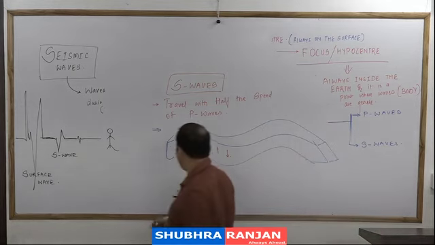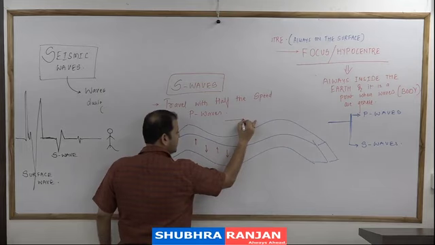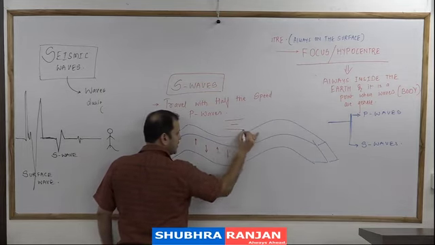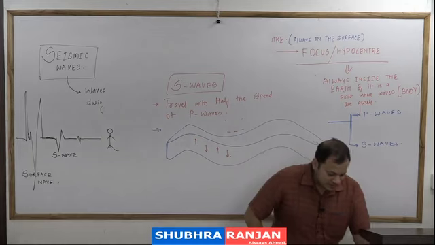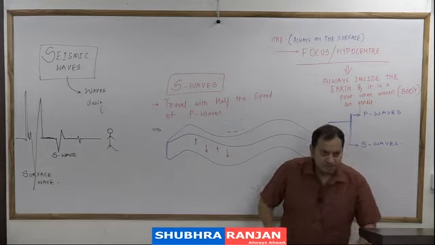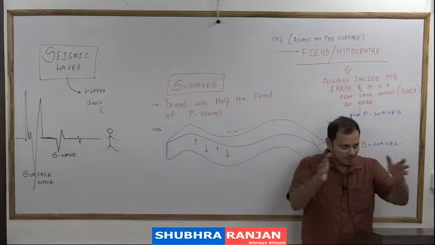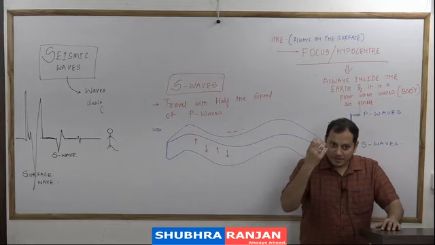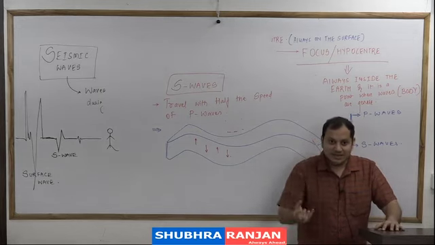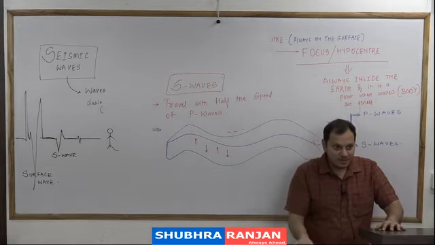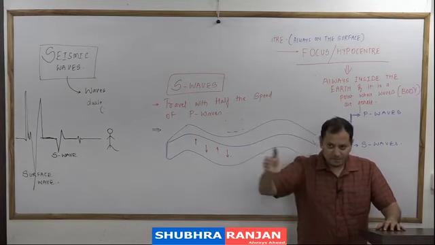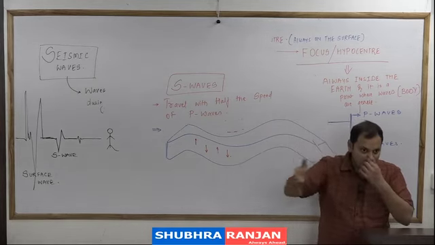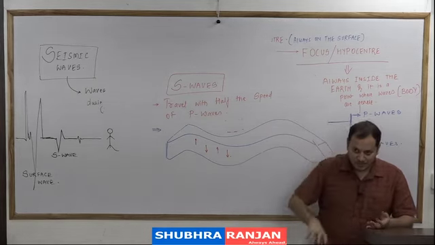In P waves, what happens? They stretch and squeeze. Here it is up and down. So you understand why, when the P wave comes, the fan shakes like this, and when the S wave comes, the chance of the fan falling is higher. Why? Because it will be going up and down. P wave in the parallel direction, S waves up and down.